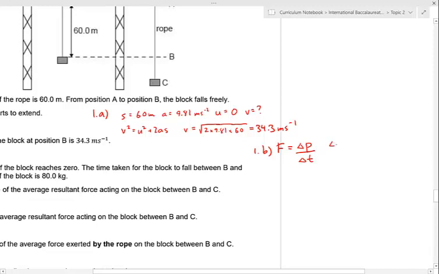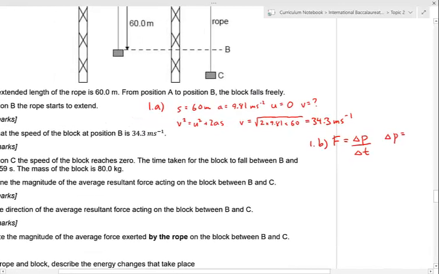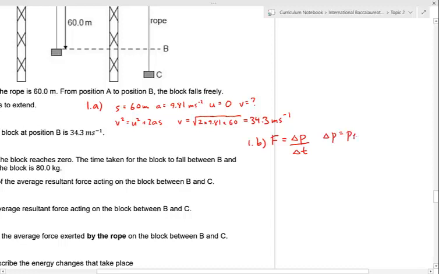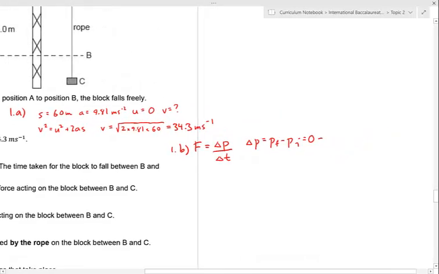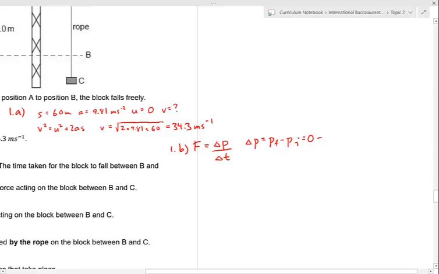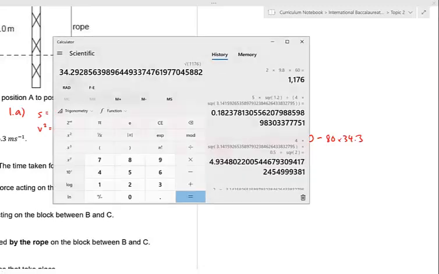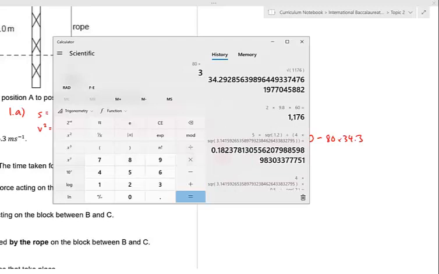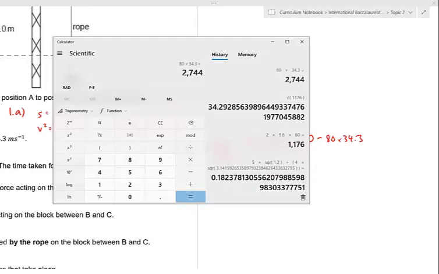We can say delta p is equal to p final minus p initial, which is equal to 0 minus, what was our initial one? 34.3 is what it had at B, right? Minus 80 times 34.3, which is equal to 2,744.